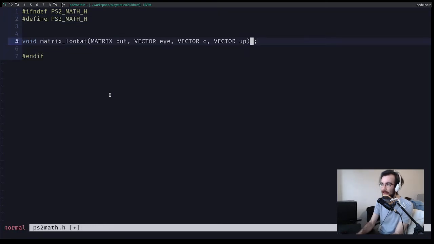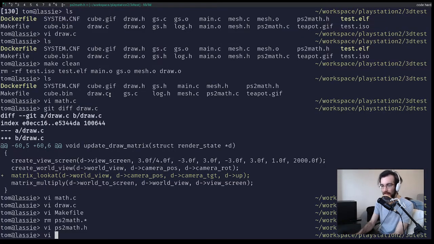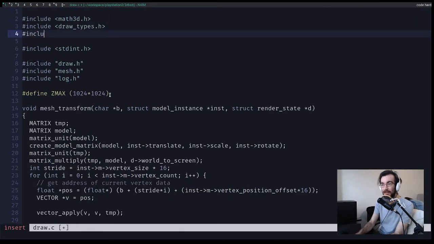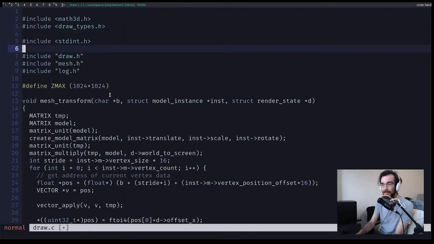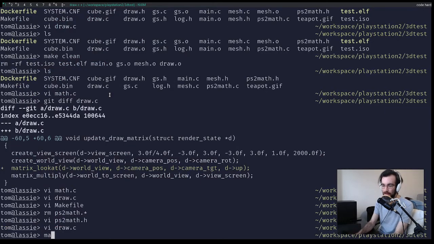And then we just need our beautiful friend the semicolon. This needs to include math3d.h. We go into our friend draw.c. We include PS2 math.h.